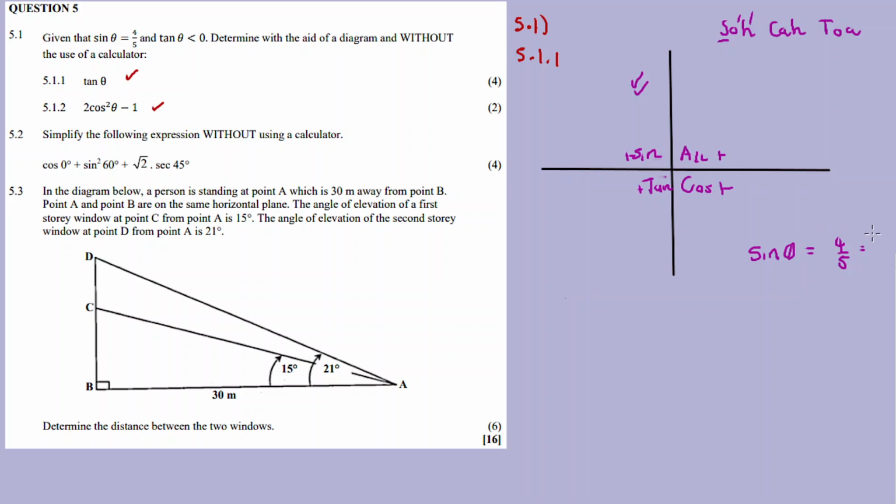The opposite is always y, the hypotenuse is always r, the radius. So we have an arm in the second quadrant because sine is positive and tan is negative.